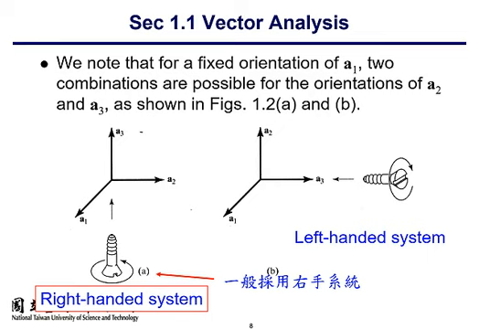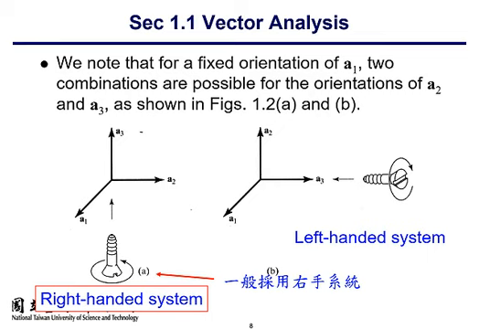So in this one, A1 cross A2, using the right hand, you end up with the A3 direction, which is pointing upwards. On the other hand, if you adopt a left-hand system, then A1 cross A2 will end up with this direction.